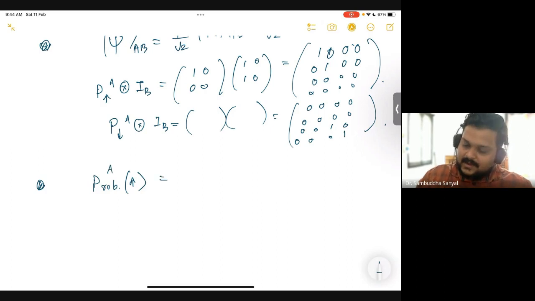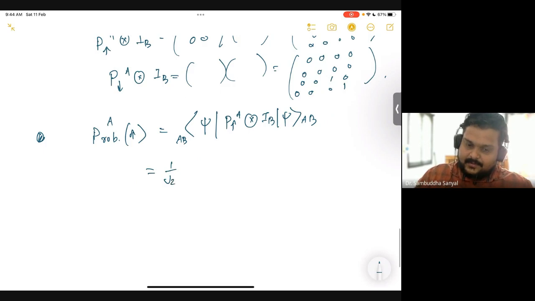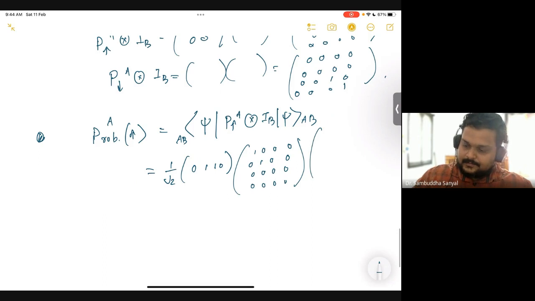How do you calculate that? You will calculate with this. So that is simply 1 by root 2. So just do this calculation, you will get half.